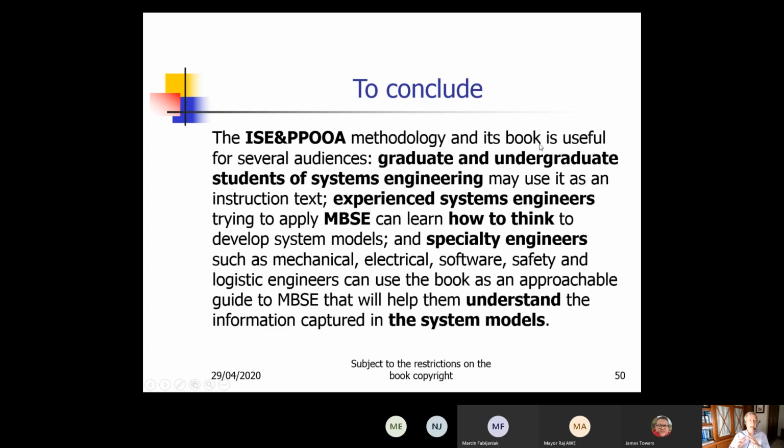To conclude, I think the important issue in a methodology is how to think. It's very important to teach the users to think in abstract, to identify abstract functions, to identify abstract objects, abstract components, that is very difficult for people.